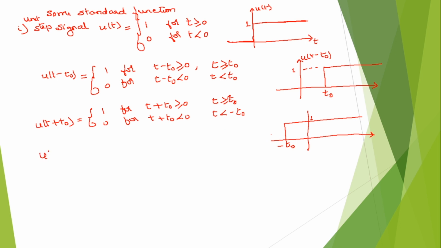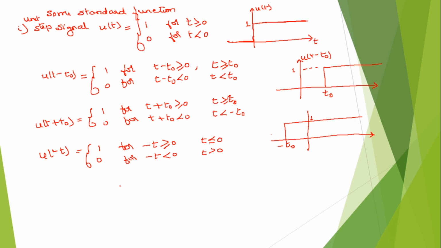Similarly, u of minus t. U of minus t is 1 for minus t greater than or equal to 0, or t less than or equal to 0, and 0 for minus t less than 0, or t greater than 0.